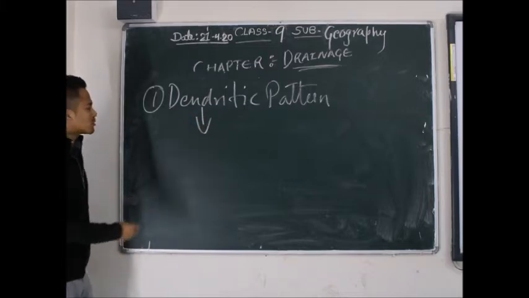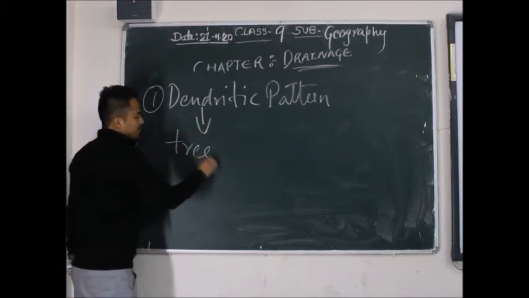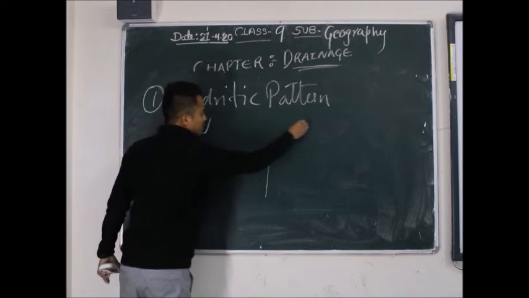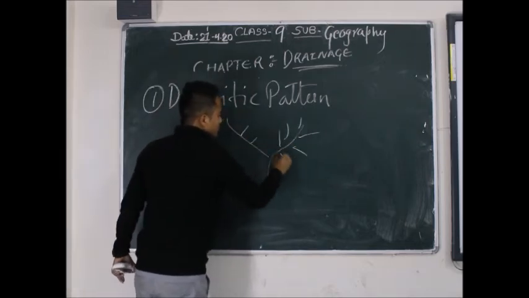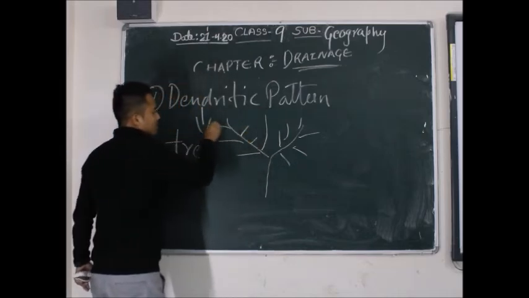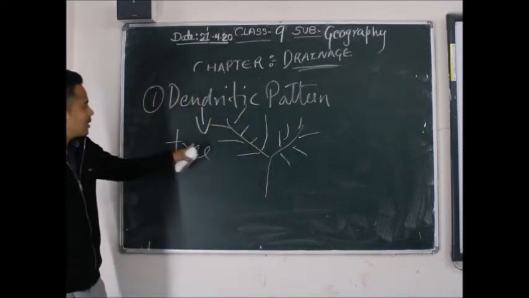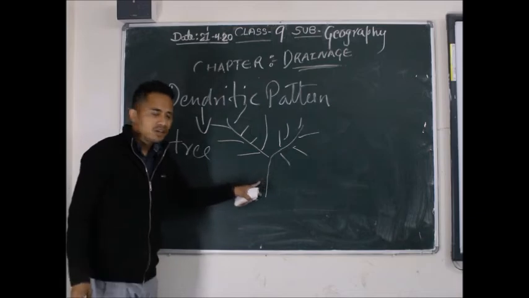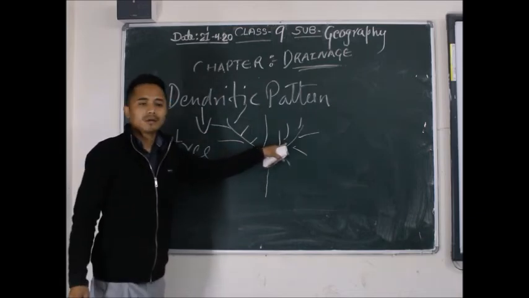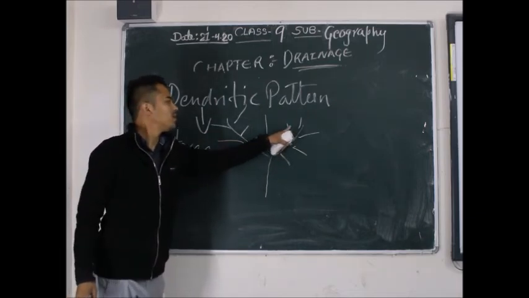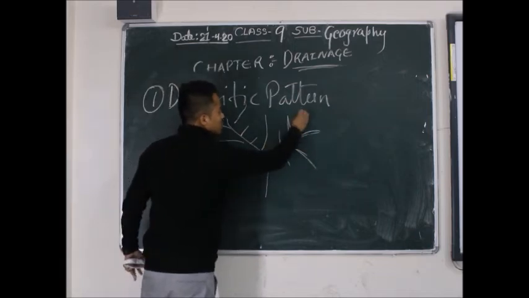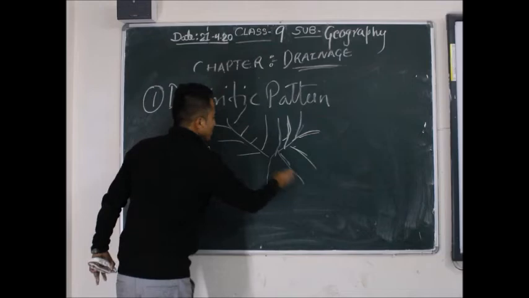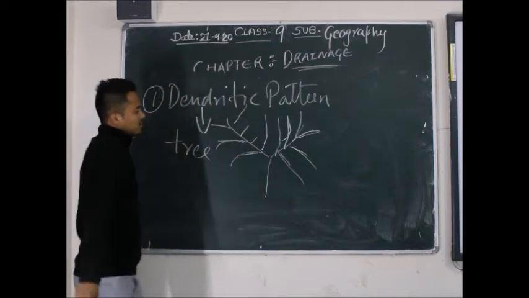The pattern usually looks like a tree. You have seen trees, right? The branches spread in this manner. In the dendritic pattern, the river flows downwards, and other tributaries or streams join the river, creating branches.